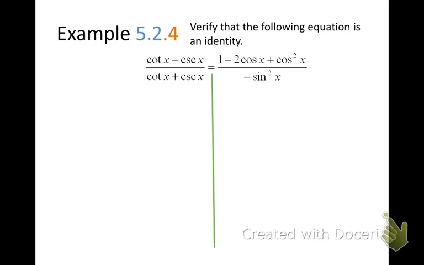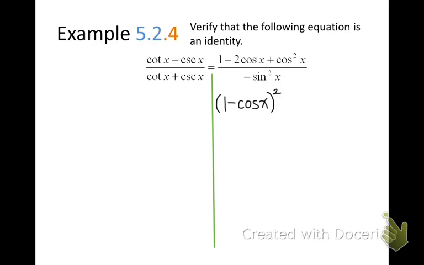What does the top factor into? Do we agree? Yeah, that's 1 minus the cosine of x quantity squared.